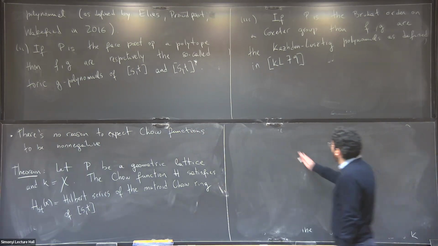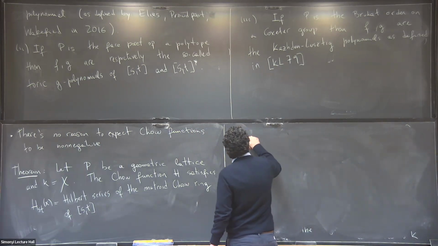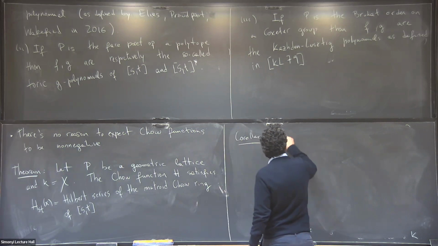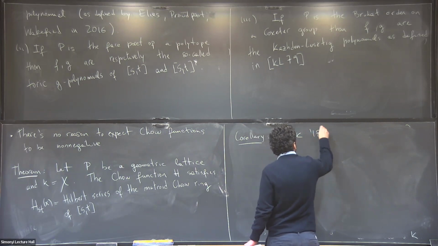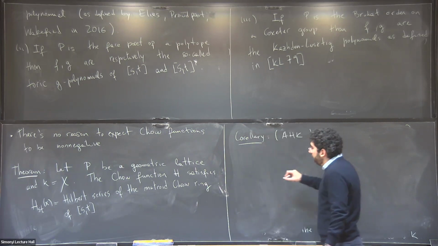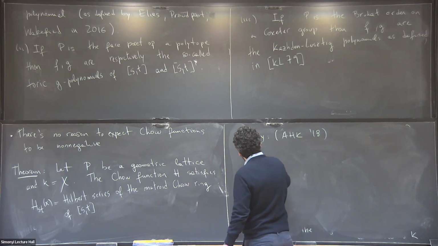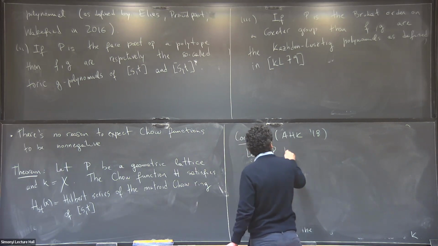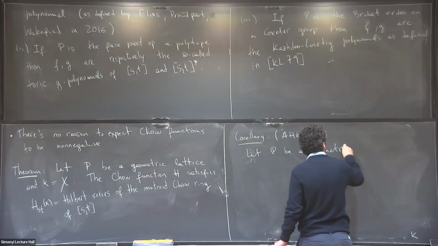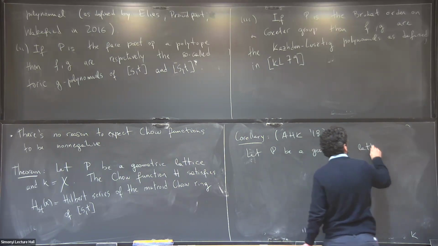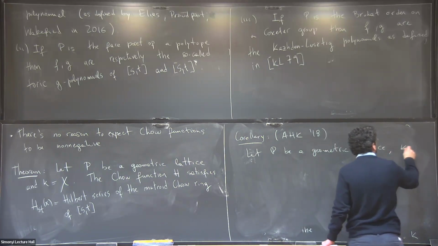So let me write that. Corollary, this is a consequence of the Kähler package: let P be a geometric lattice and kappa equals chi.